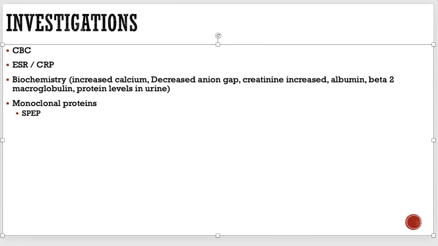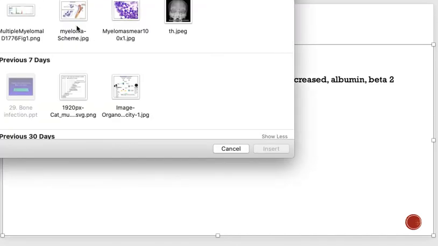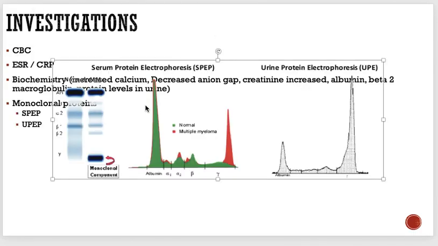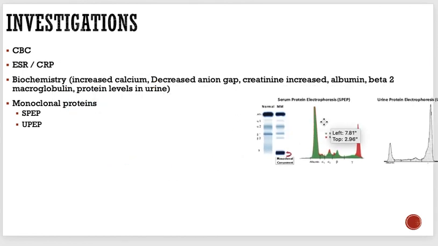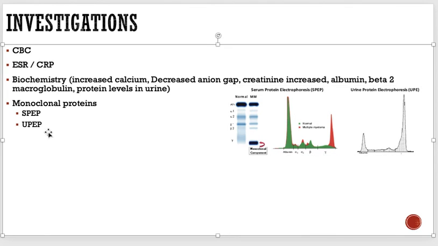SPEP, serum protein electrophoresis, and you will also do UPEP, urine protein electrophoresis. Again, the same thing, guys. This is the photograph of SPEP and UPEP, right?